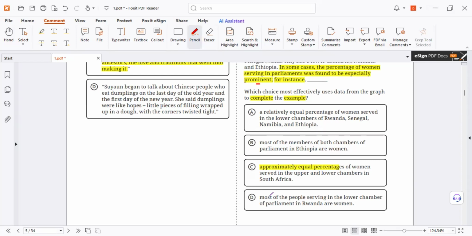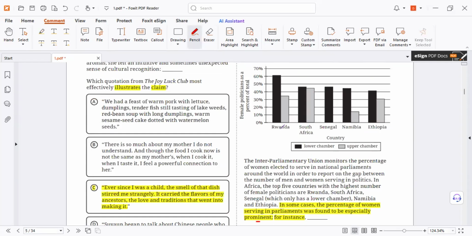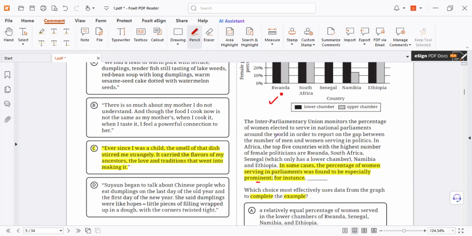That's why he said here most people surfing in lower chamber where are moving in Rwanda. Let's go to Rwanda here, and it's the highest number indeed for all of them, and that relates to the point. He said here, especially prominent.